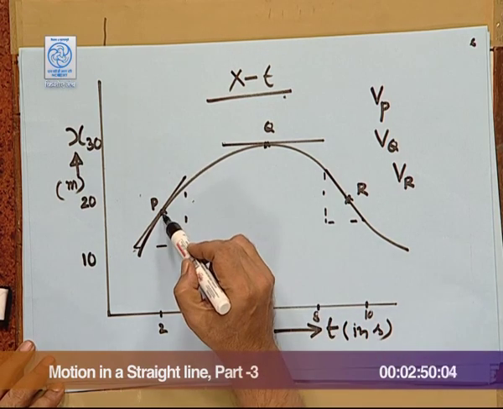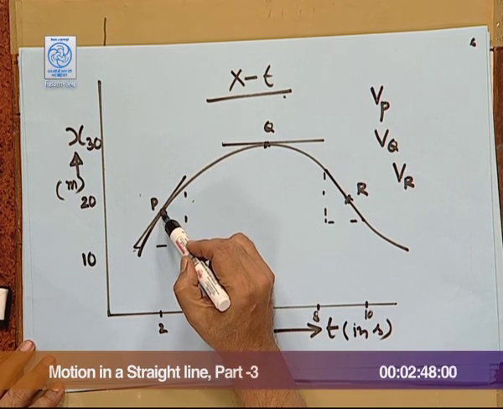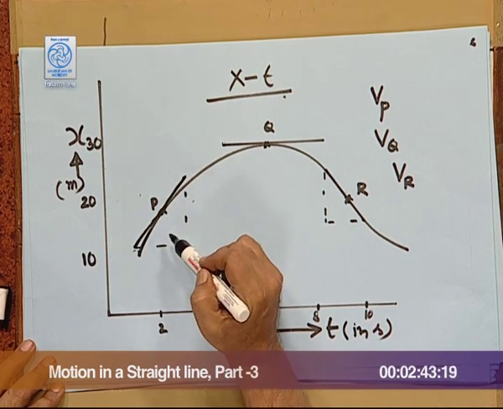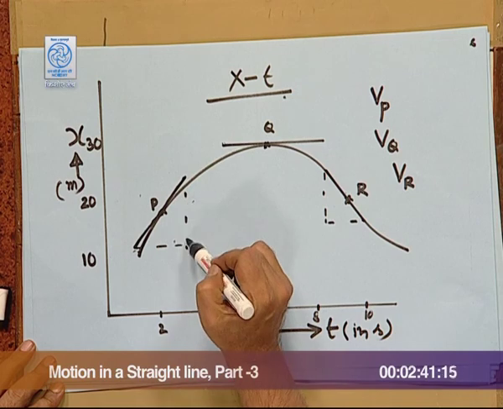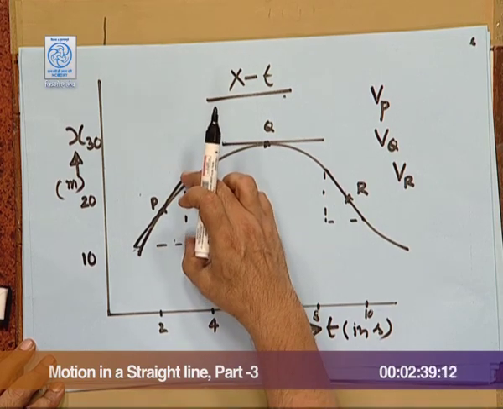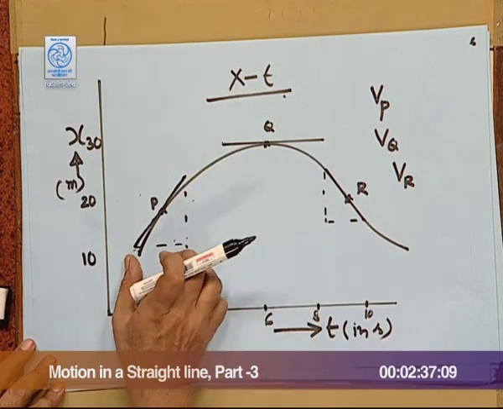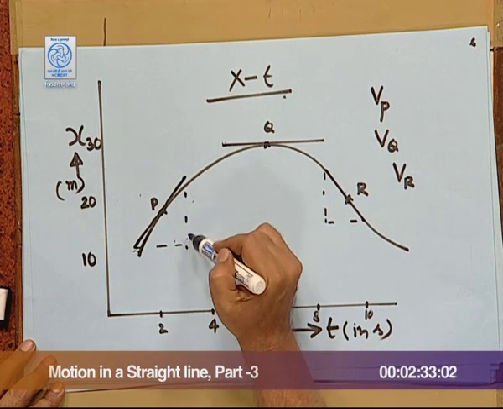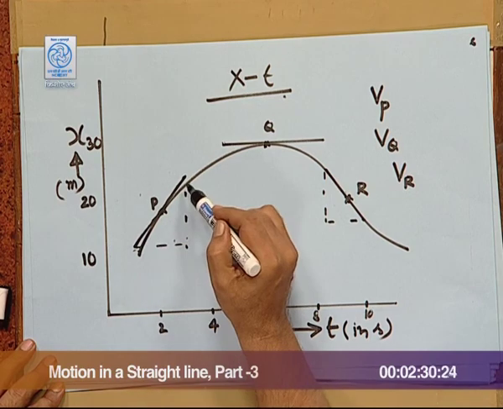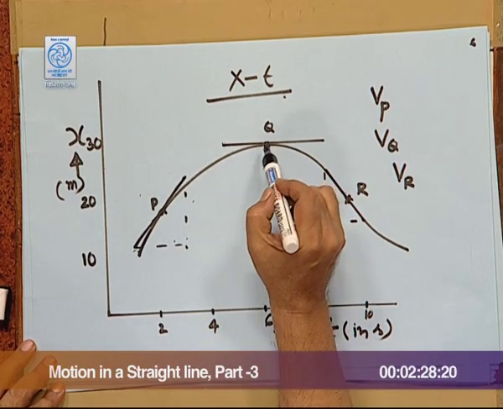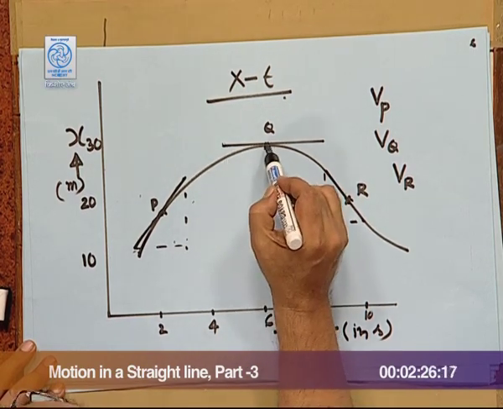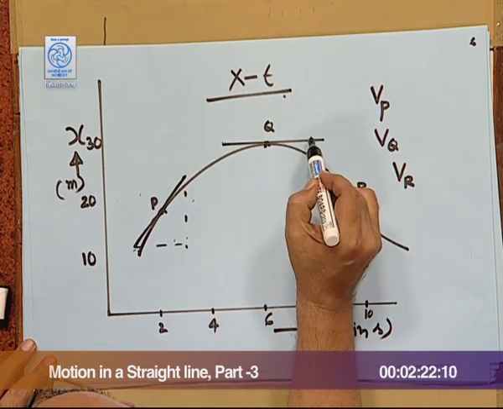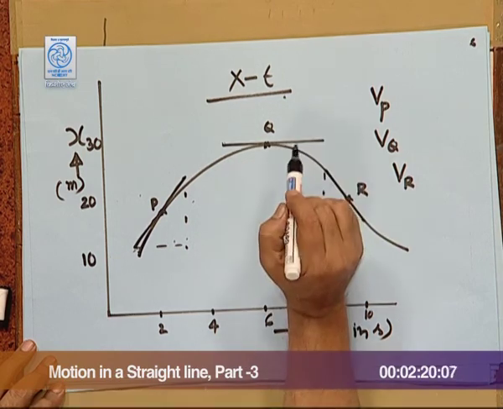If you draw a tangent to the curve at this point, which I am indicating like this, this tangent has a slope given by delta x by delta t in a very small interval of time, and the slope of this tangent happens to be positive. If I draw a tangent to the curve at point Q, the tangent line touching the curve at only one point, it has 0 slope.